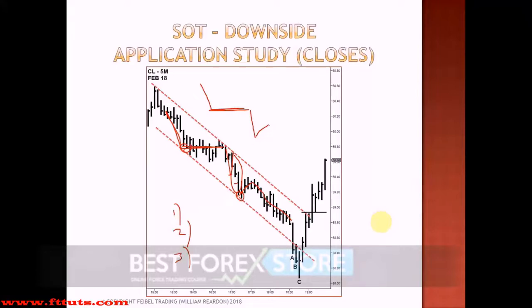Not a lot to read into this at this time, but then we come down and we are unable to touch the demand line. And what do we note in the price action? Close off the lows, buying, close off the lows, buying. Now why is this occurring?